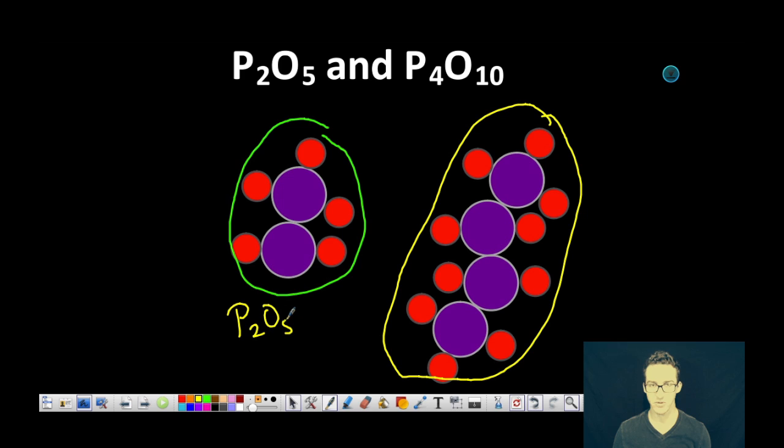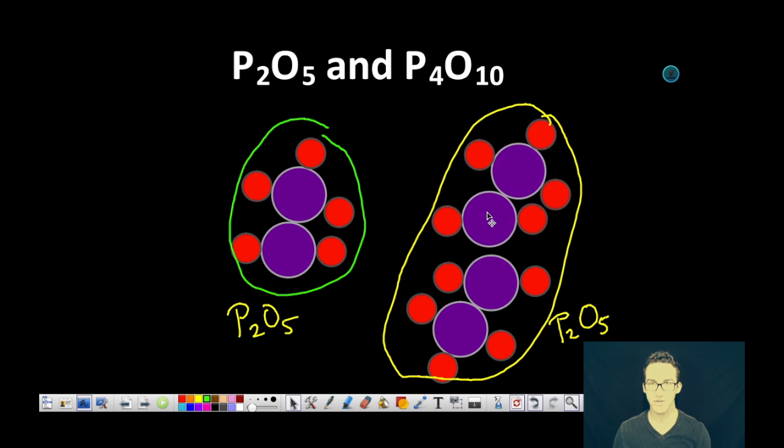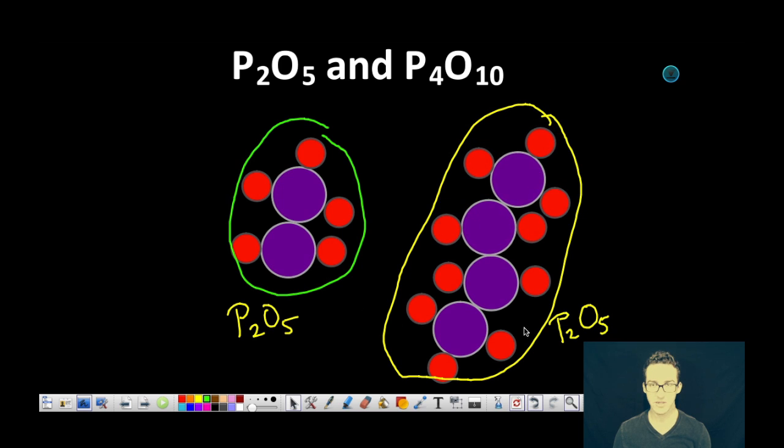We can't reduce that any further. But if we were to write the empirical formula for P₄O₁₀, we would get P₂O₅, because the smallest whole number ratio here of phosphorus to oxygen is 2 to 5. So empirical formulas are the same. Molecular formulas are different. The true formula here is P₂O₅, here P₄O₁₀.